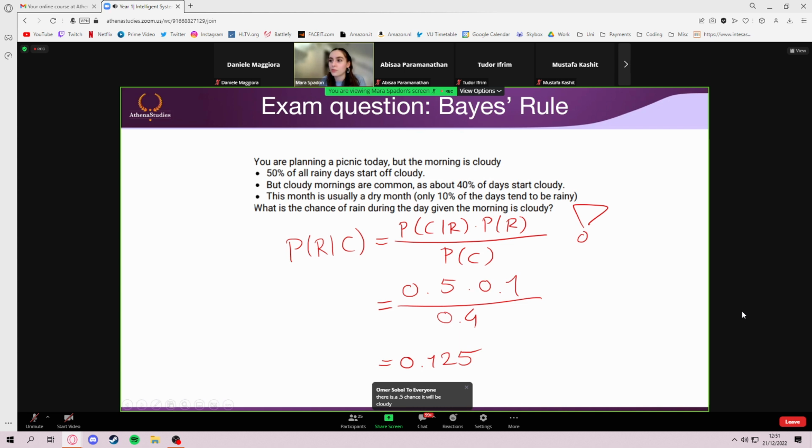Okay, I'm a little confused with the wording. Okay, let's look at it together. So 50% of all rainy days start off cloudy. So what is our given information here? What is the fact that we know for sure? Is it a rainy day or is it a cloudy day?